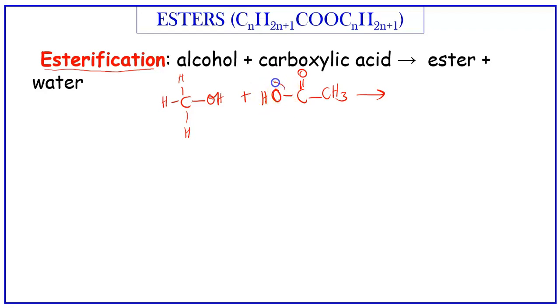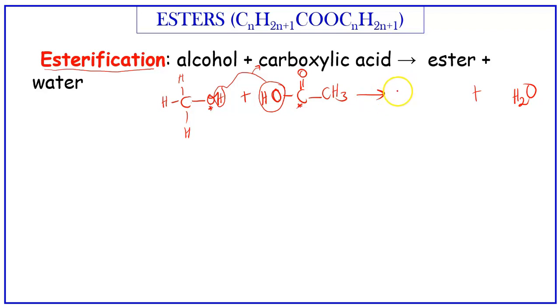The OH from the carboxylic acid removes the H from the alcohol, and both of them will form water, leaving this site available for bonding. So the O here bonds with the carbon here to give you this.